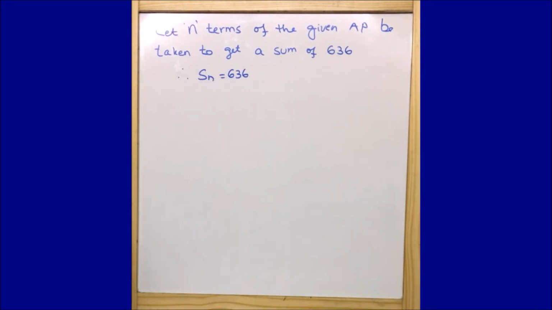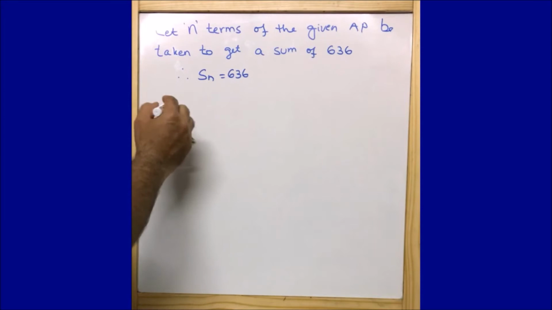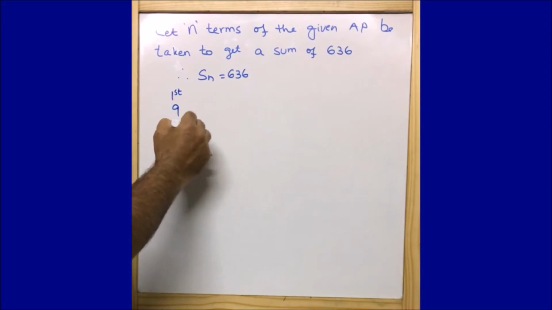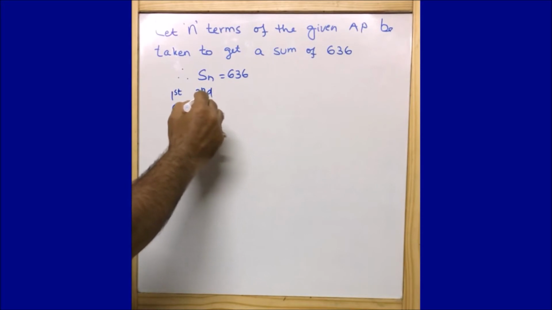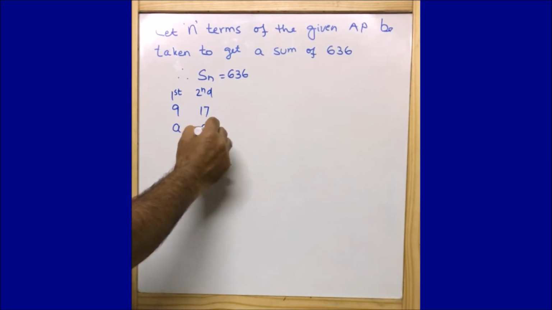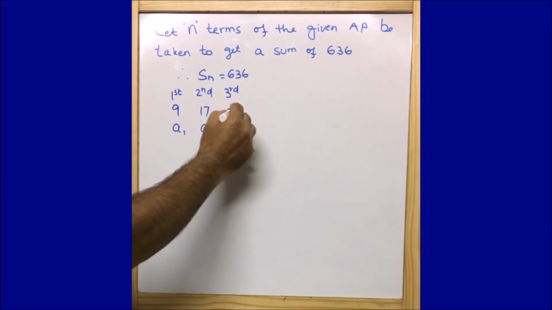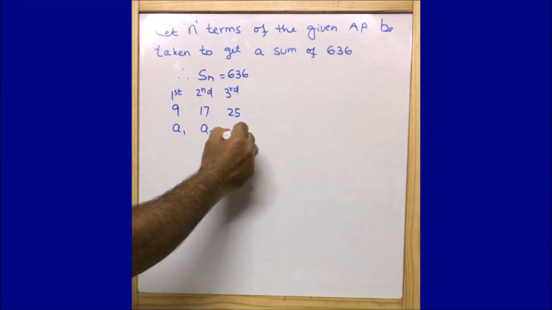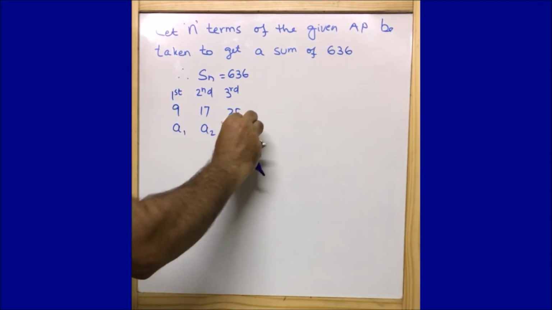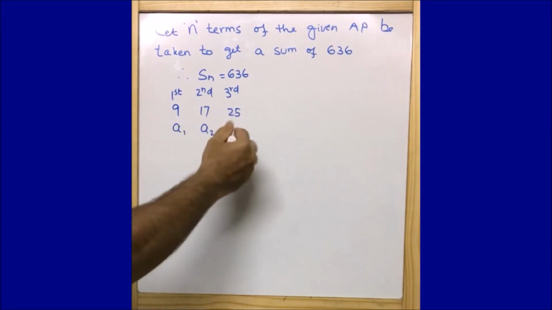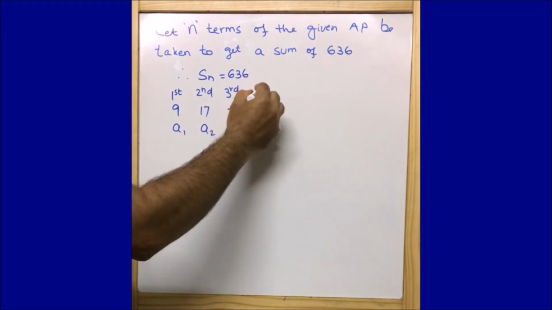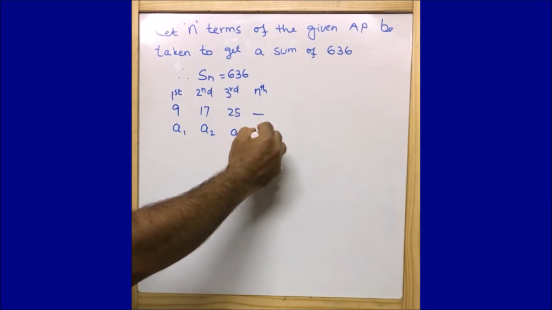I believe till here we are pretty clear about the question. Now the other thing is that they have also given certain terms of the AP. Let me note down the terms that they have given. The first term is 9, the second term is 17, the third term is 25, and the nth term I am considering as an.